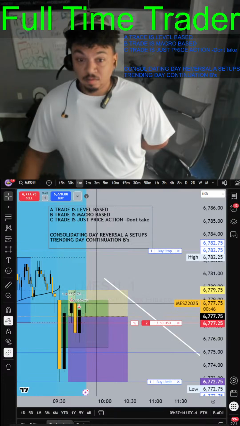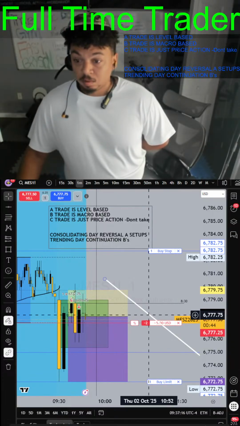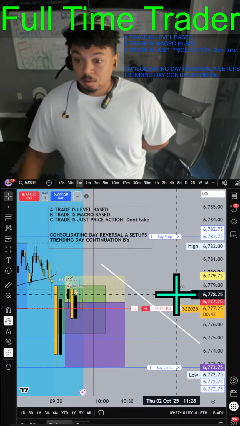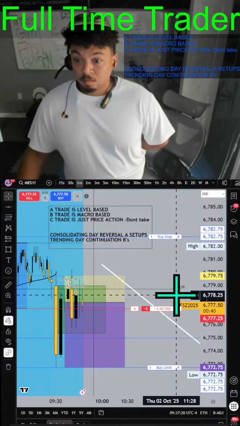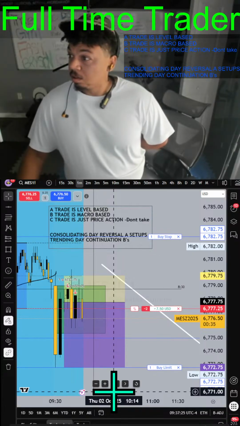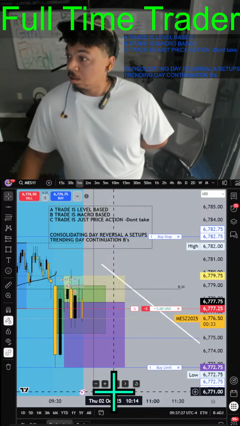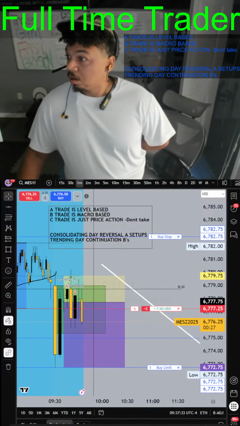I want to see an explosive move down lower. Okay, we may be getting it. Let's see. Let's see if we get it.